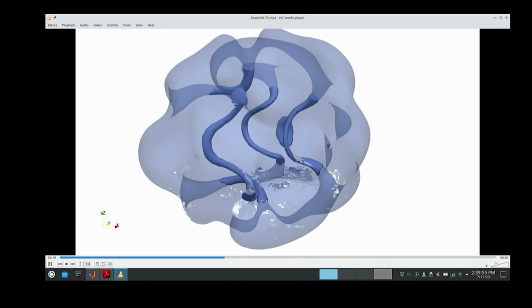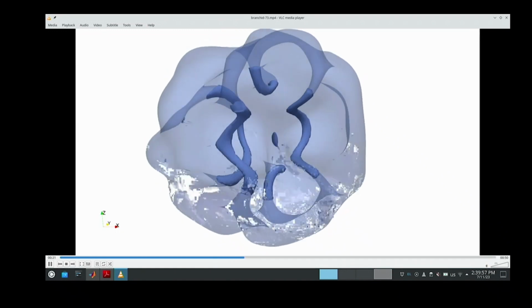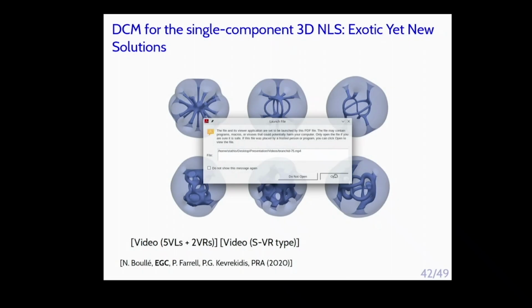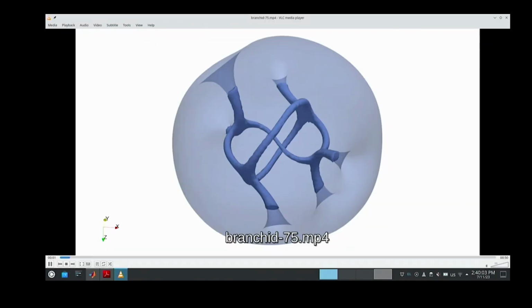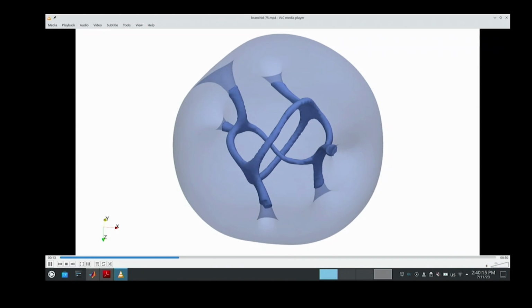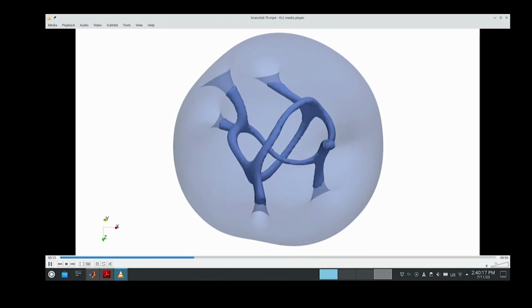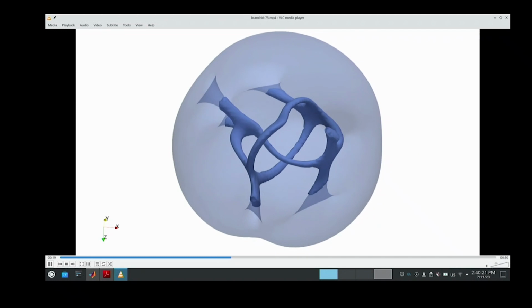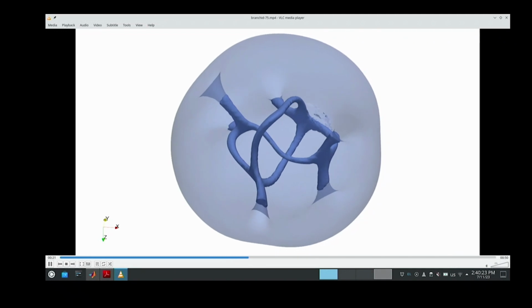And one more. This is a vortex line in an S-shaped form, and the vortex ring connecting the whole structure, and you have those handles here and there. So as time passes by, those vortex lines will split, and then they will reconnect.